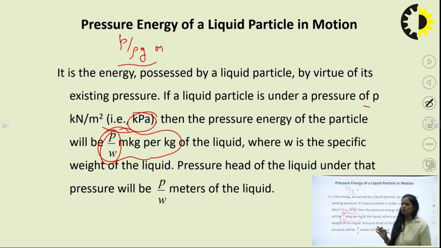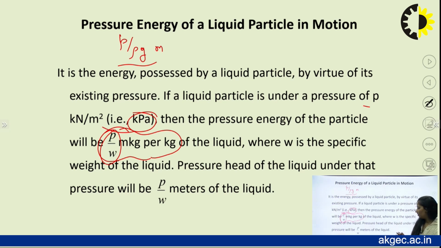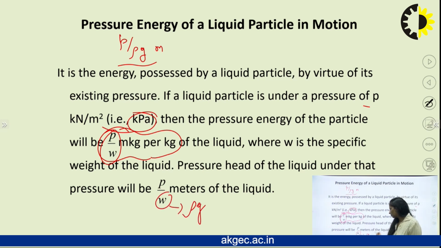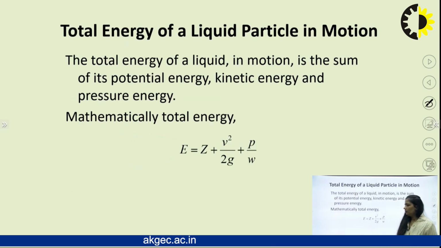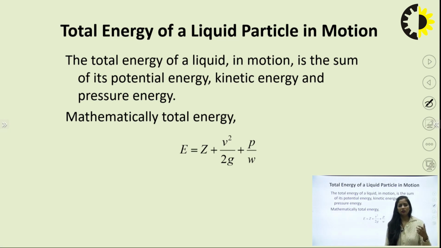So we can call it pressure head, kinetic head, and potential head. Here w means rho g. Now, when we write the mathematical equation for total energy of a liquid particle in motion, the total energy is the sum of potential energy, kinetic energy, and pressure energy.